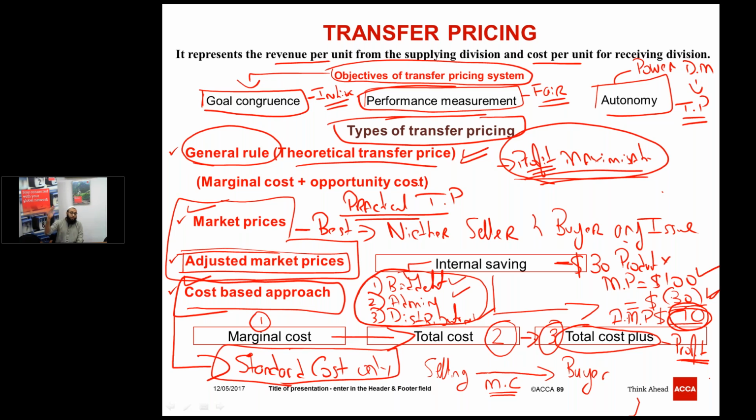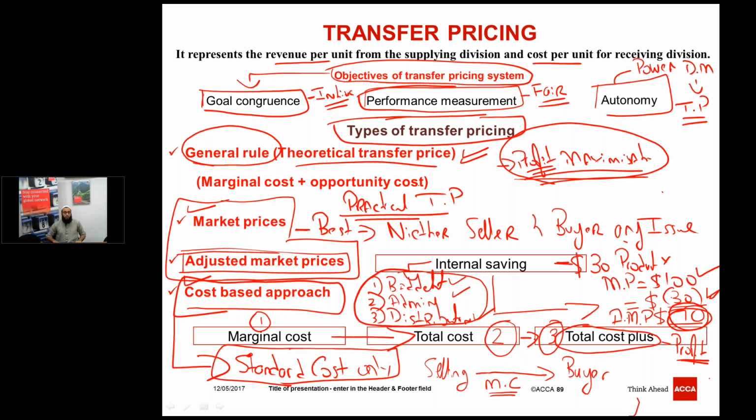If head office pressurizes the manager to keep a transfer price which affects their own division's results, then the manager will not be motivated; in fact, they will get demotivated and will not try to improve performance. So this is the third objective: there should be autonomy so that managers can set their own transfer prices.